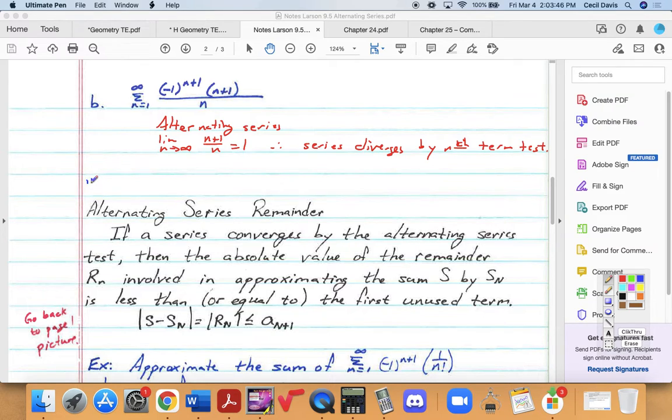But basically the phrase was this: an alternating series whose terms decrease in absolute value to 0 converges. It's a nice succinct way of saying that.